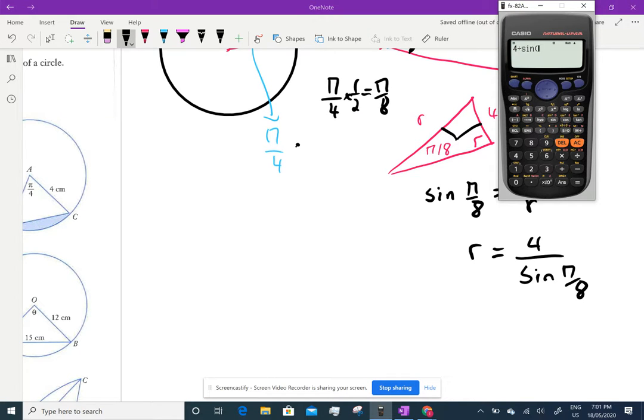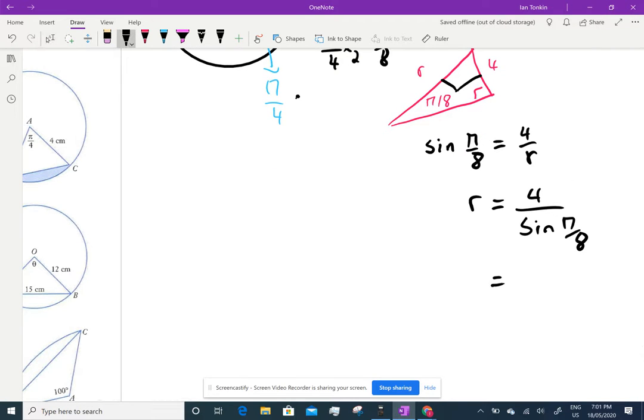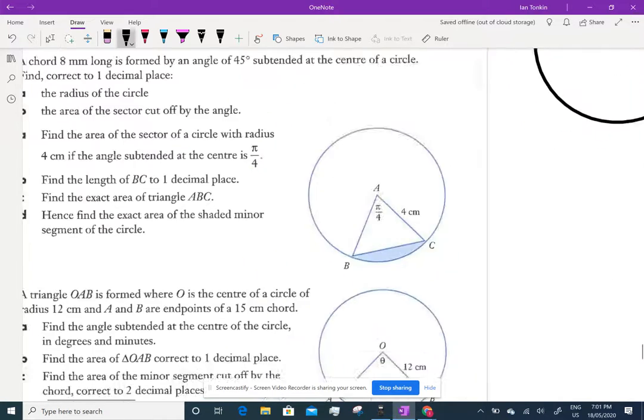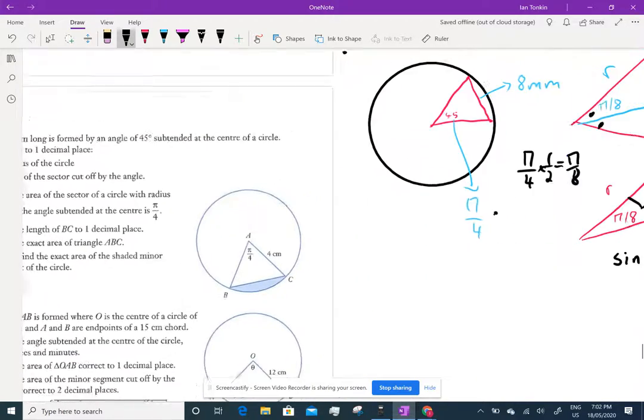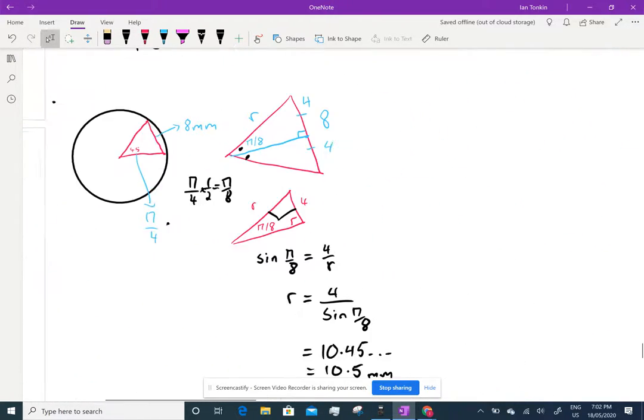So shift pi divided by 8, close it, 10.45, which is 10.5 to 1 decimal place, and that's millimetres, which is what they wanted. Now, find the area of the sector cut off by the angle. Well, now I've got the radius.